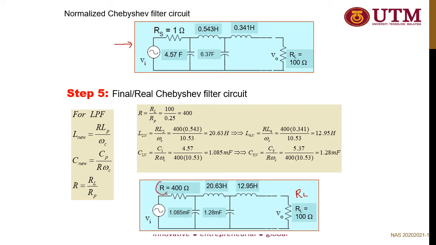However, here R equal to R_L over R_P. In this case, your C1 now becomes C by having conversion of C1 divided by R omega C. We have calculated omega C in the earlier slide. So this is basically your final circuit or actual circuit of the Chebyshev filter.